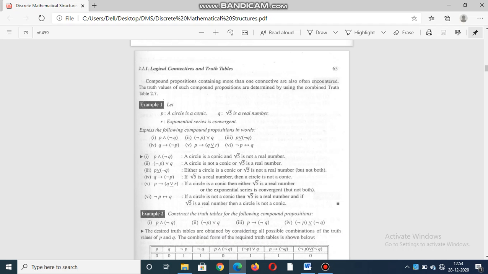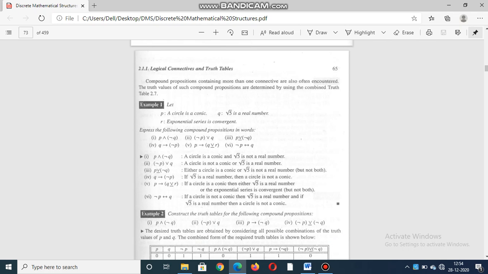So that's why either a circle is a conic or root 5 is not a real number. In both statements, only one statement should be positive and the remaining negative, in this manner.